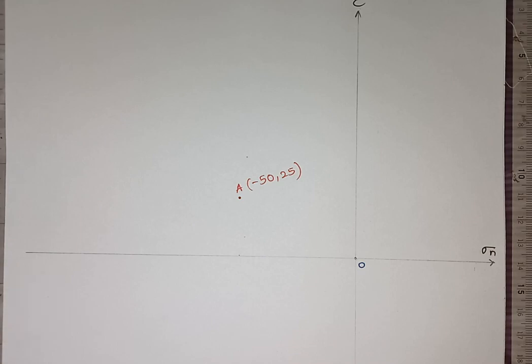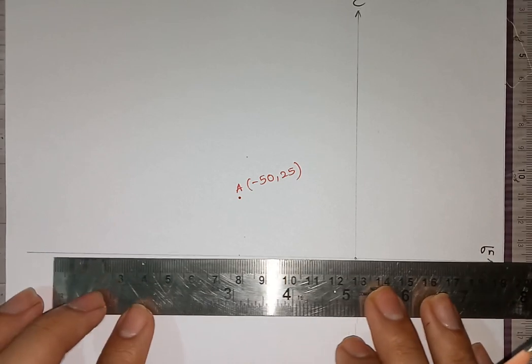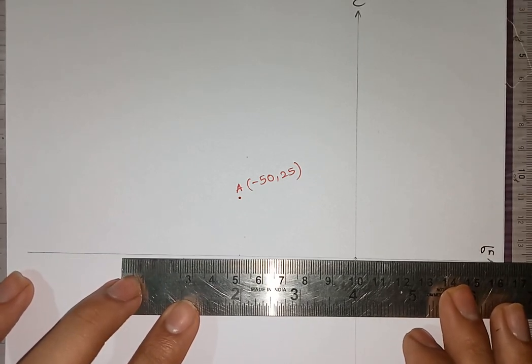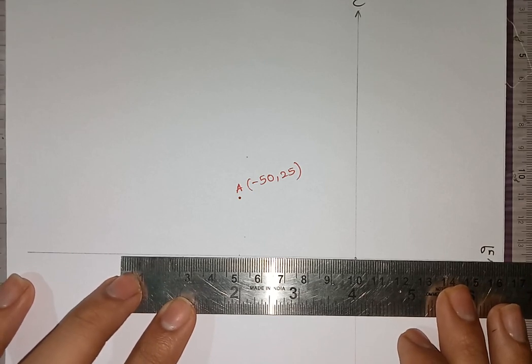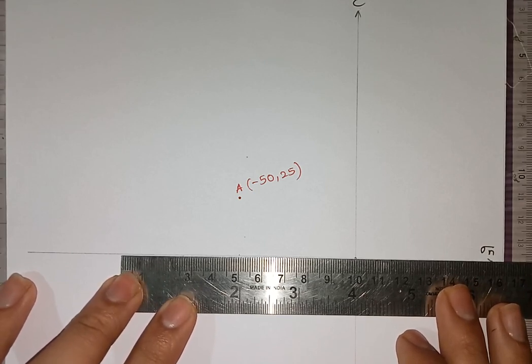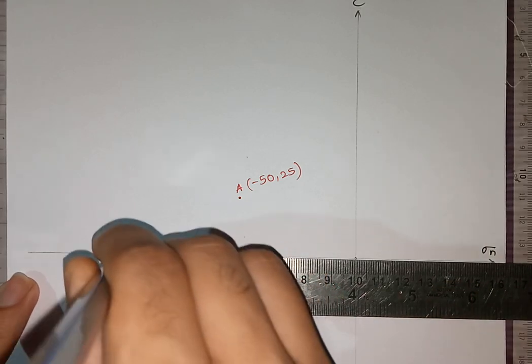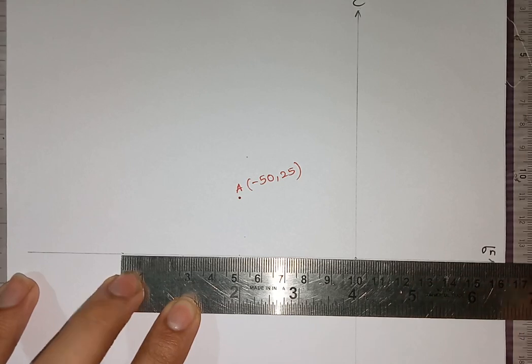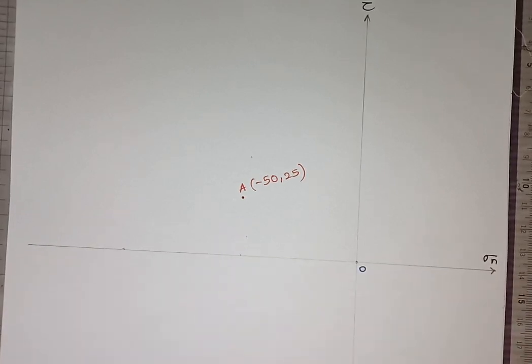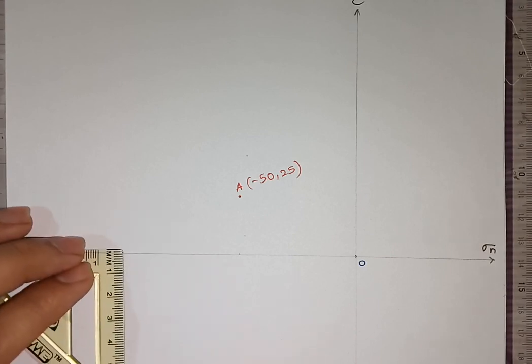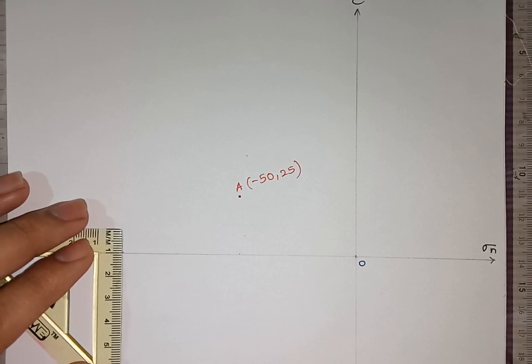-100 and -25. Right? So when I say -100, I need to take 10 centimeters. So I will be first marking -100 on the sigma n axis. So -100 here comes out to be at this point, right? Now from there I need to take minus 25. So when I say minus 25, it comes below, right?